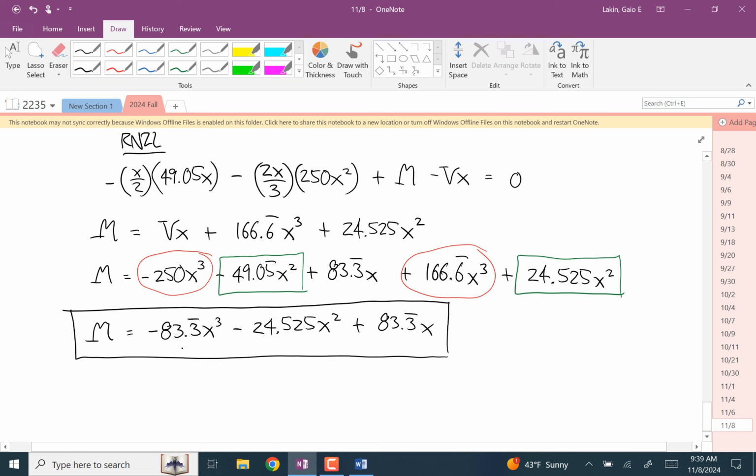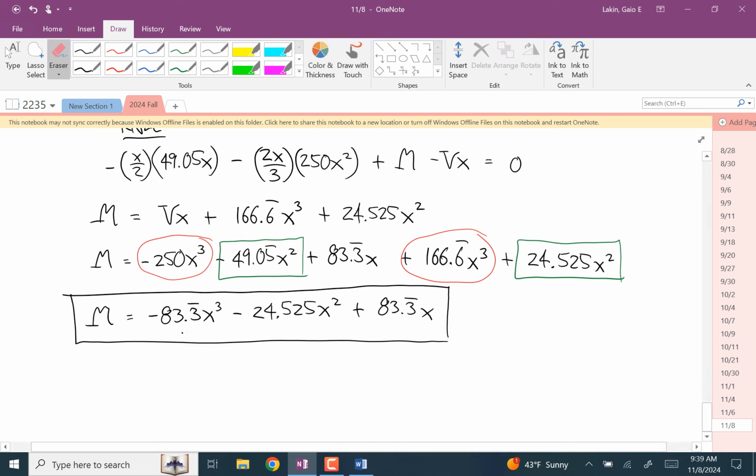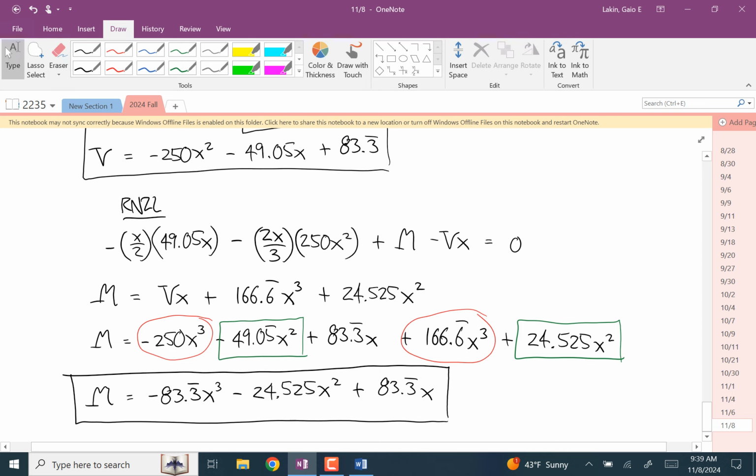Yes. The second term is negative 49.05x. Yes. Derivative of the third one, 83.3 repeating. Yes, so that worked out. You can catch a lot of mistakes calculating your bending moment that way.